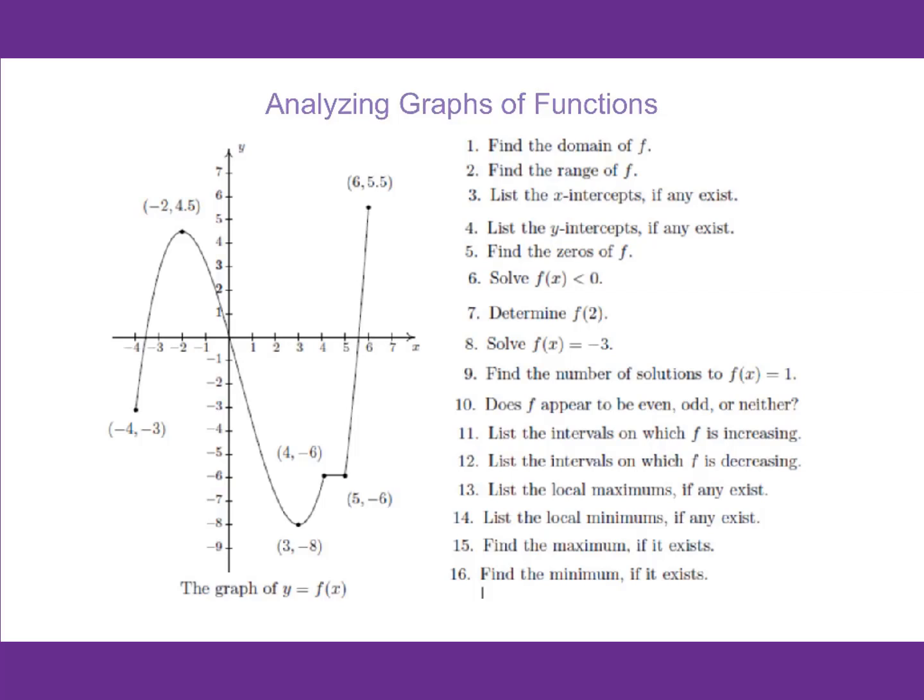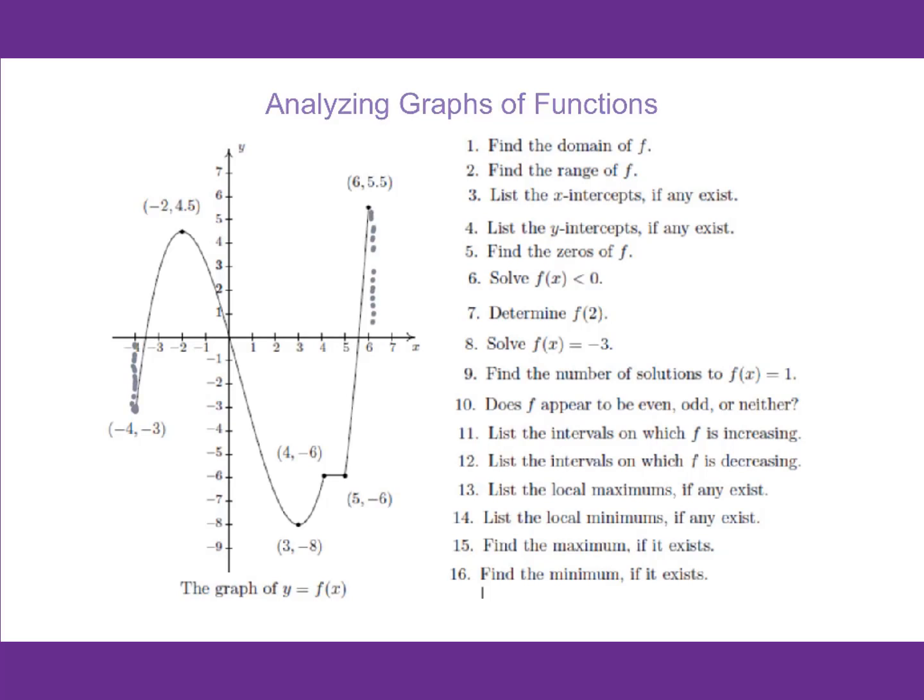Therefore, for number 1, find the domain of f. Domain means x value. The x-axis is horizontal, so we need to find the very left point. It's over here. The very right point is over here.